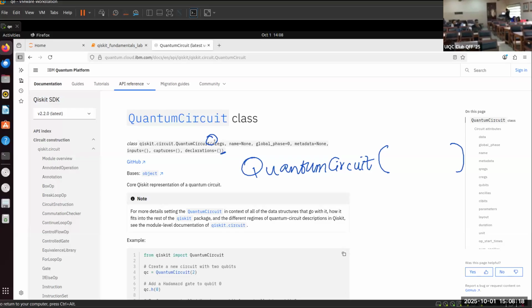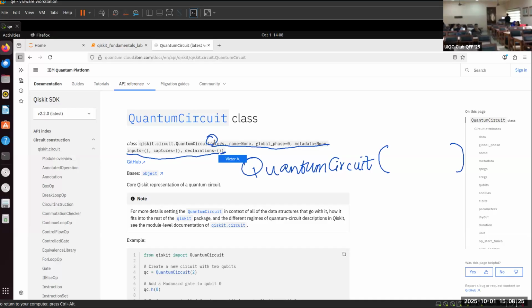So what you have in between are the different options that Qiskit quantum circuit allows you to provide in the event that you need to do so. Are we following this? So everything in between open and close of bracket is what you have here.